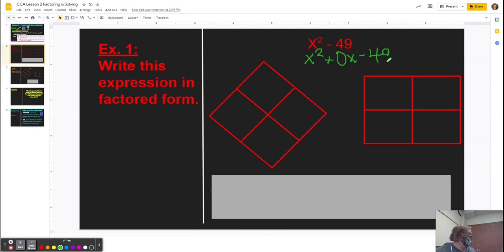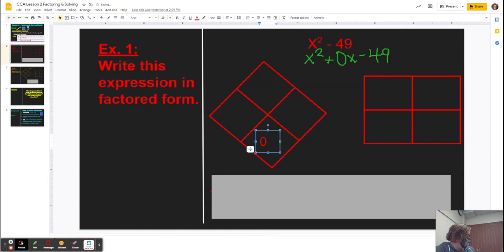The reason we want to keep that in mind is that when we figure out the diamond problem, remember, whatever the x term is, that's the number that goes in that space. So we know that we need a 0 in there.